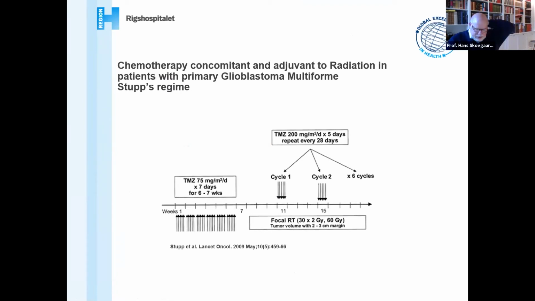This was grade 2 and grade 3, and then coming to the classical study from glioblastoma, where you gave these patients radiation plus concomitant temozolomide followed by 6 cycles of adjuvant temozolomide.